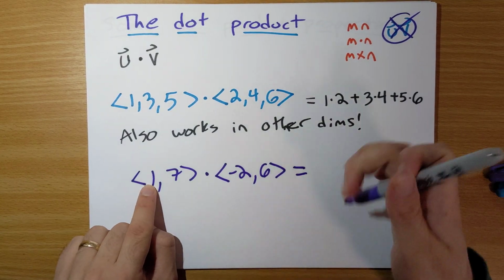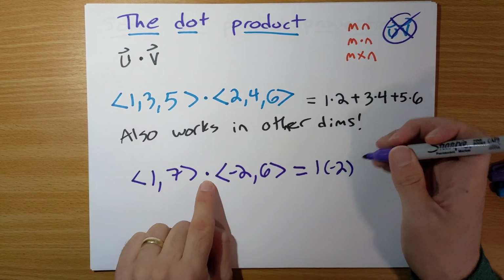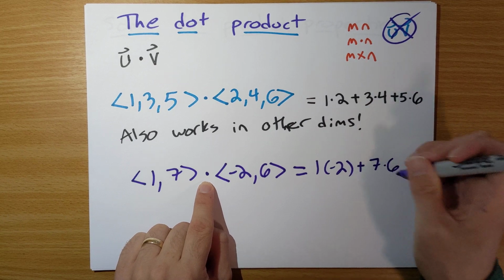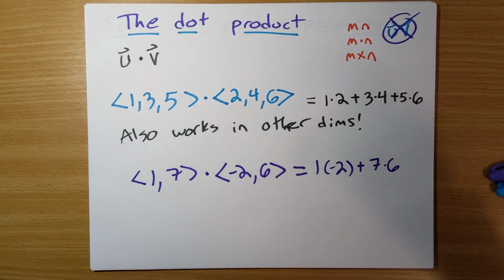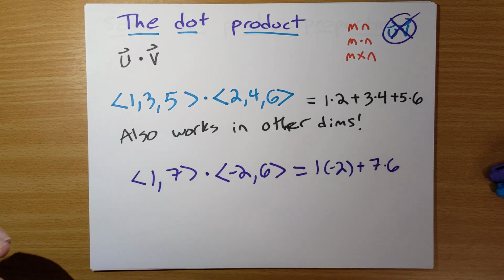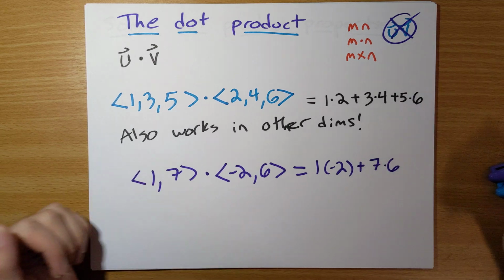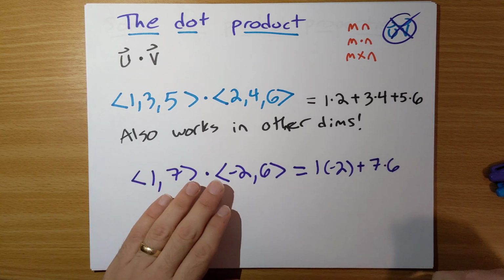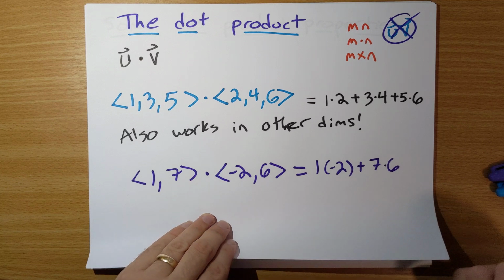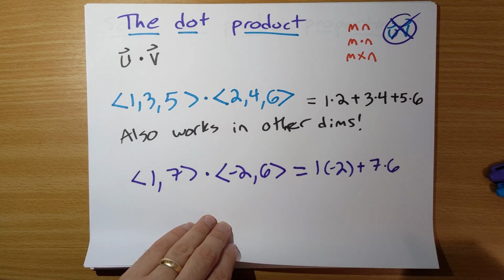This would be 1 times -2 plus 7 times 6. So this is a dot product. In other math classes, we can extend to more than 3 dimensions, 4, 5, 6 or more dimensions, and it works in the same way. Just multiply the corresponding entries together and add up all of those products.